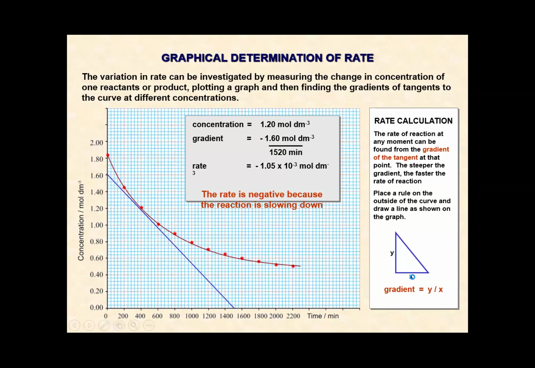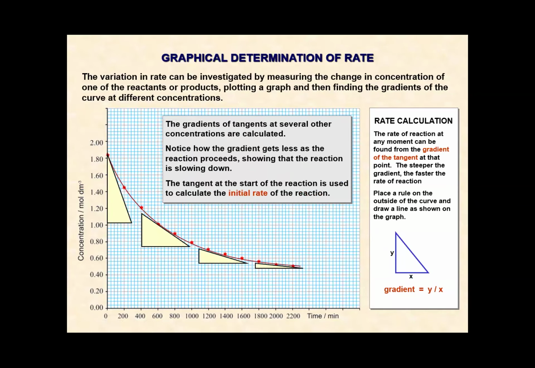What is taken on x? Time. Well done. So y over x. So that means I need to divide concentration by time. I did this and I got the rate. And the rate is negative because the reaction is slowing down. I hope it clearly makes sense. Good.